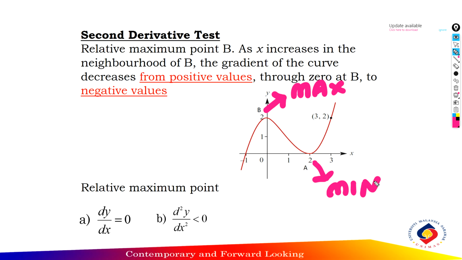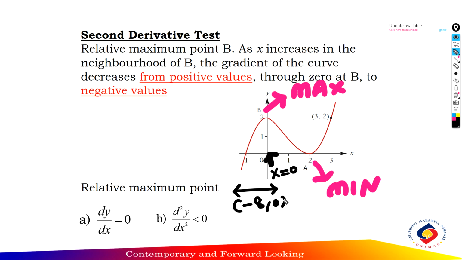First, the relative maximum point at (0, 2). So the first interval is between negative infinity and x equal to 0.